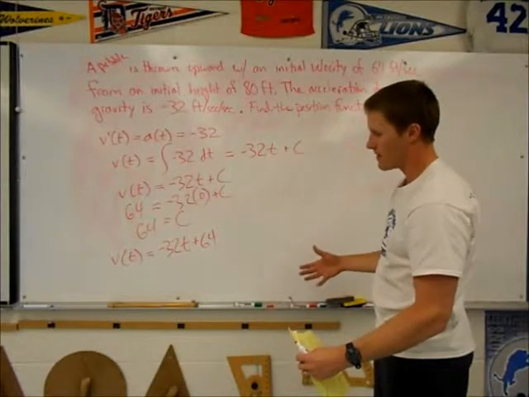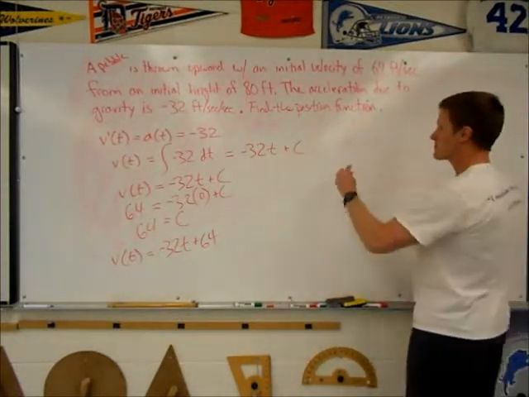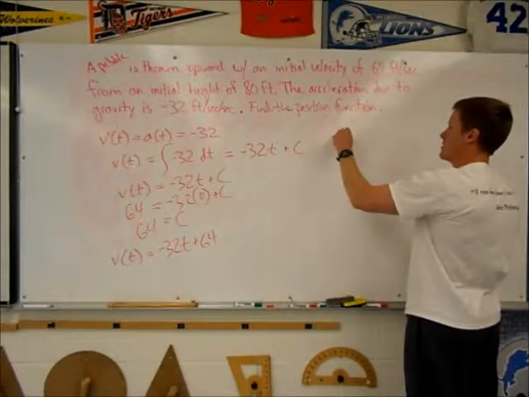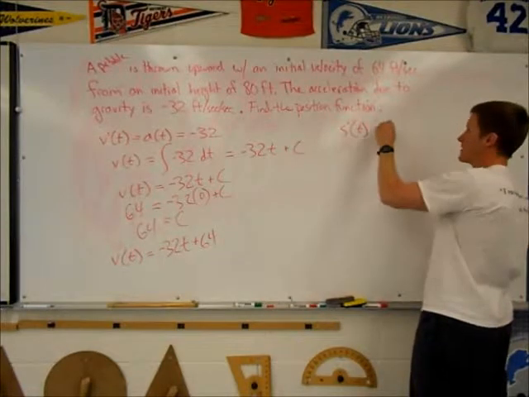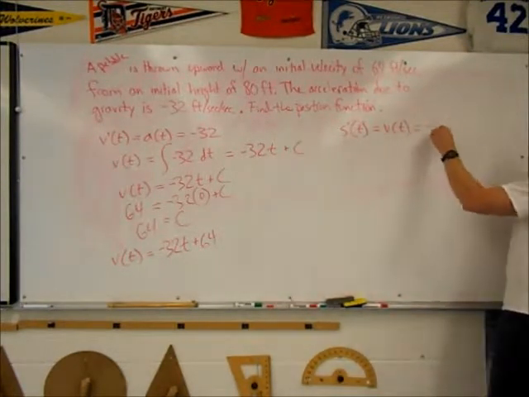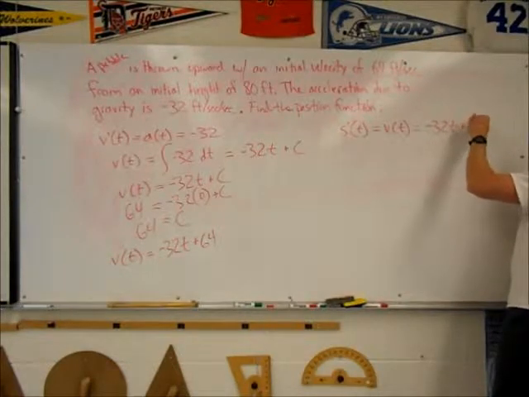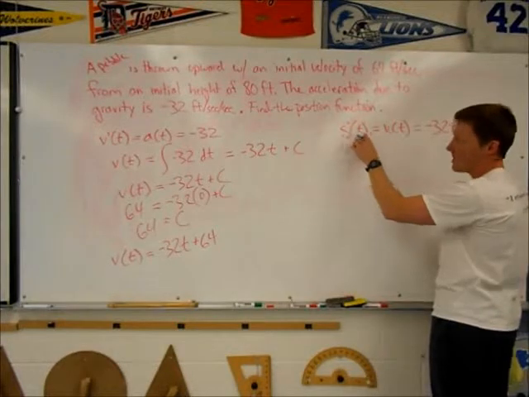In a likewise manner, we want to go from velocity to position. So the derivative of position is the velocity, which is given by negative 32t plus 64. We don't want the derivative. We want the position.